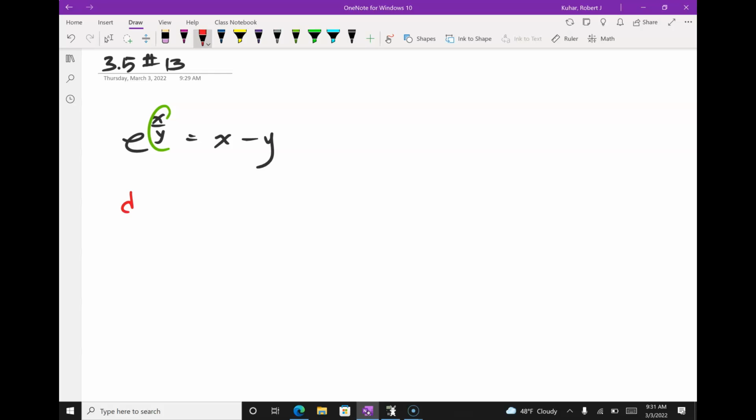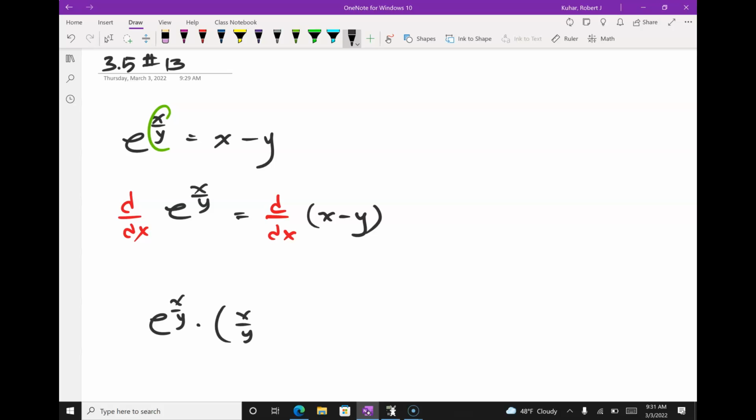So I'm going to do d dx of both sides, right? So d dx of e to the x over y, and that should equal d dx of x minus y. Well, on the left-hand side, it's chain rule, right? Because I have e to some crazy function. So when I do my derivative, I get e to the x over y times the derivative of x over y.